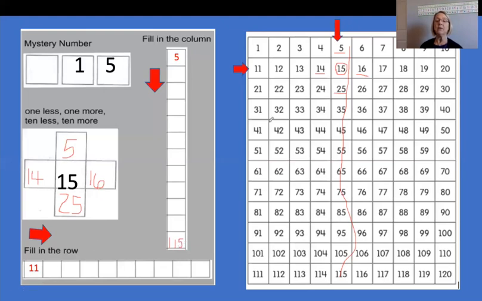Now I'm going to fill in the row, and the row is 11 through 20, so I'm going to fill in all of the numbers that fall between 11 and 20. This is a great activity to practice finding 1 less, 1 more, 10 more, and 10 less. You can also think about the patterns that you see while you are solving your number.